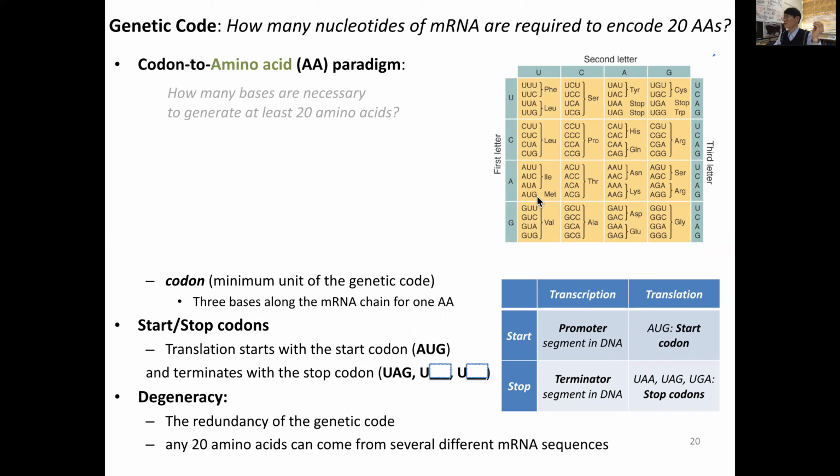This methionine AUG is in fact the start codon, which means the translation event starts at this start codon. It always starts from AUG on the mRNA, and it terminates when it sees a stop codon. Interestingly, there are 3 stop codons: UAG, UGA, and UAA.